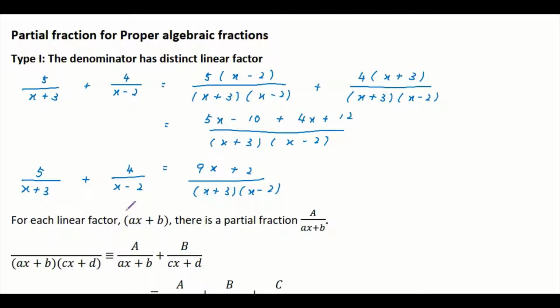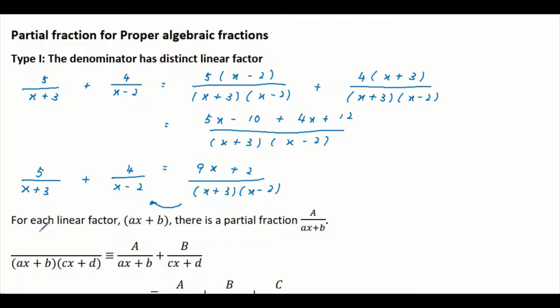When you look at this question, when I do the reverse, I will have one fraction with the denominator x plus 3, and the other fraction with a denominator of x minus 2.